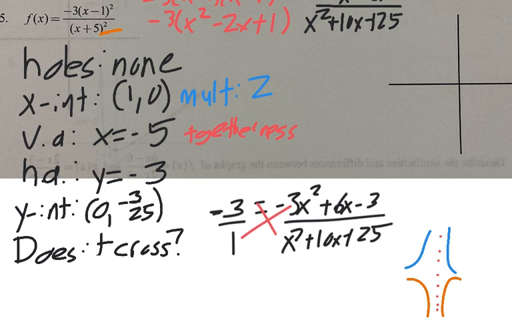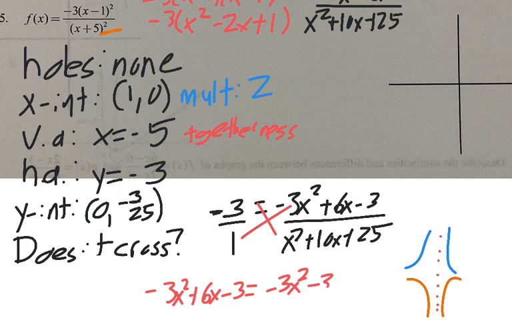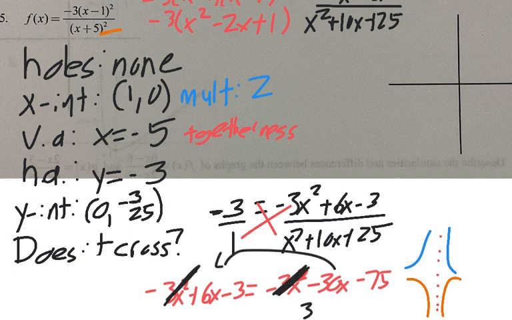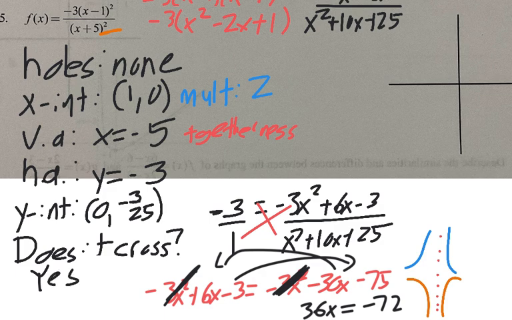That gives me -3x squared plus 6x minus 3 equals -3x squared minus 30x minus 75. So these are going to cancel. When I move this over, it's going to give me 36x, and when I move this over, that's -75 plus 3, which is -72. Solving that out, I get x equals -2. So yes, it does cross. It crosses at -2, -3.